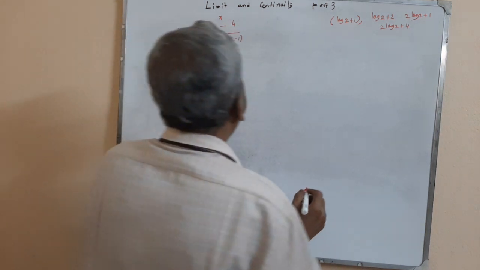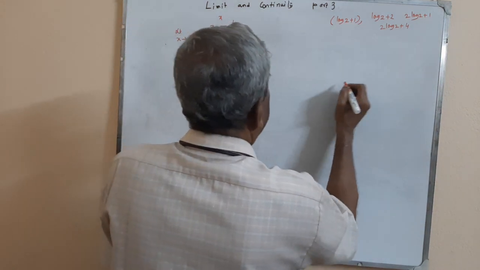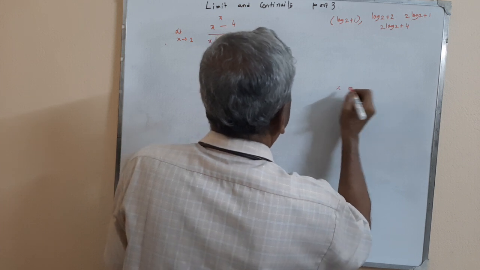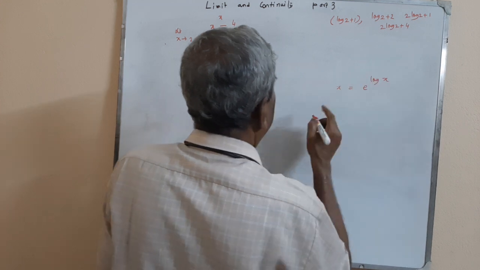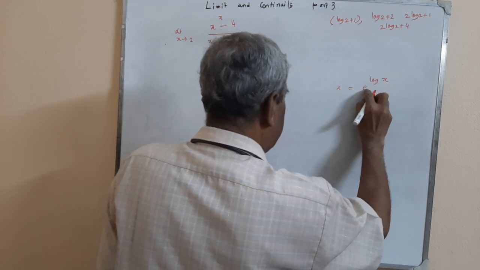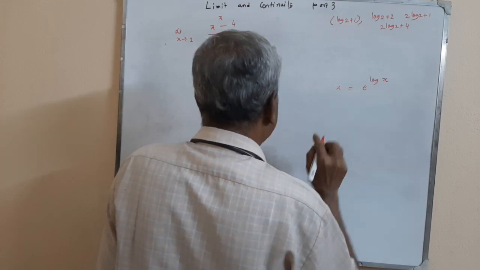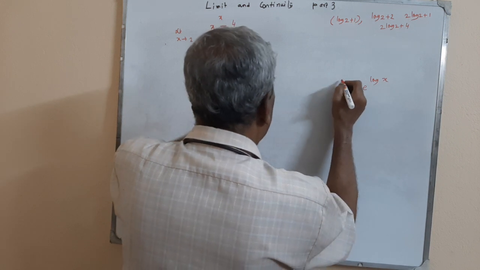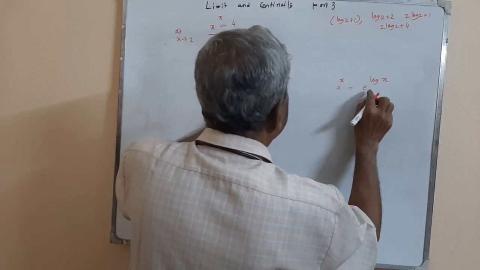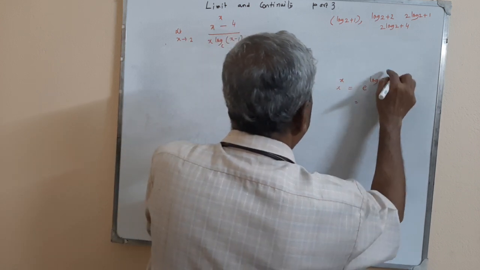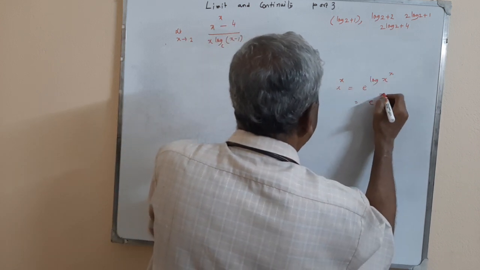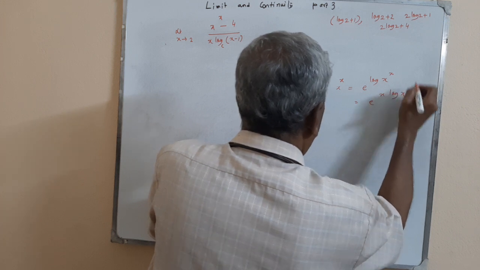Achha, we know that x can be written as e to the power log x. e and log balance, so x to the power x can be written as e to the power log of x to the power x, which is e to the power x log x.